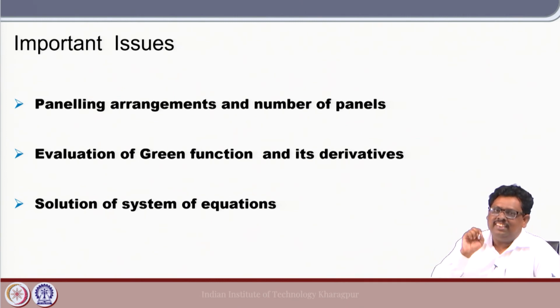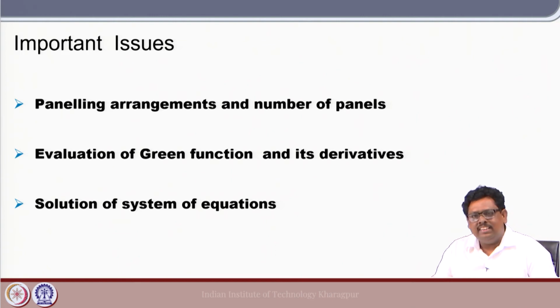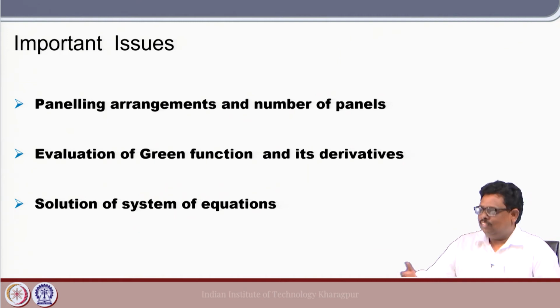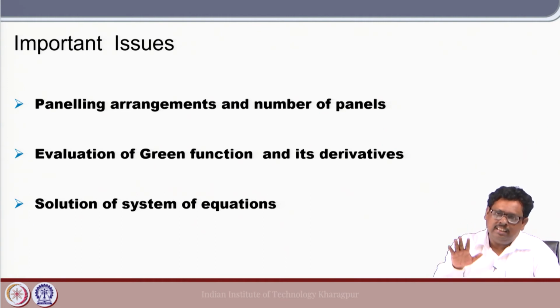So, it is a lesson for you. It is anti-intuitive: in the normal trend you discretize a finer grid and get a better result, but that is not happening here. You have to find the optimum paneling arrangement.